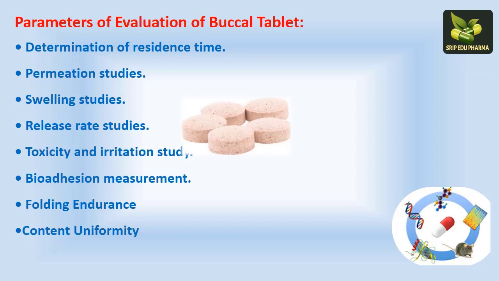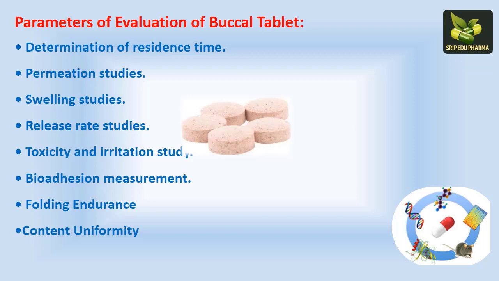Other than that, the evaluation parameters of buccal tablets are determination of residence time, the time that it resides on the mucosal lining, then permeation study. Permeation study is required to analyze the amount of drug that has permeated through the mucosal lining. Then swelling index, whether the polymer used in the mucosal drug delivery system swells properly or not in order to release the drug.